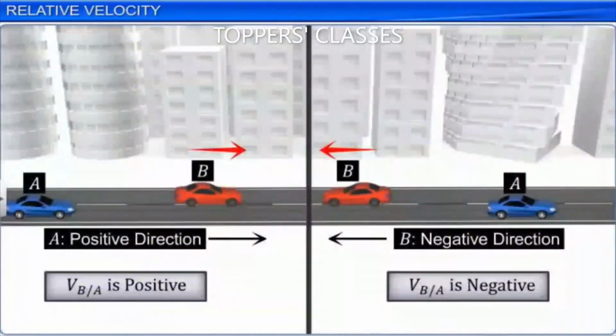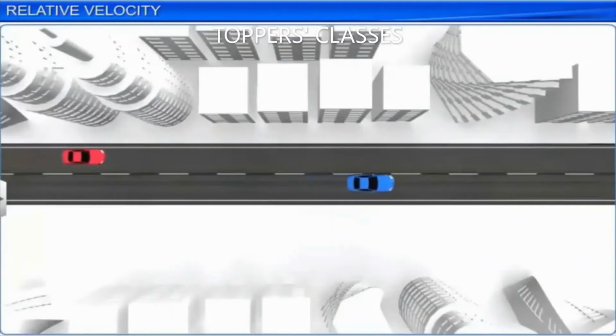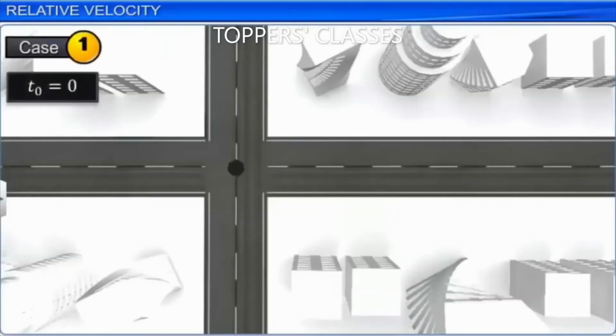Let us consider a few cases where two cars are traveling on a straight road with varying velocities. Case 1.